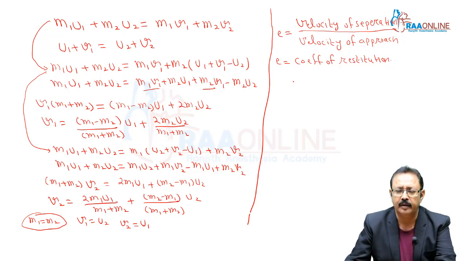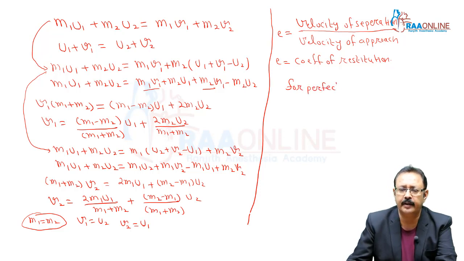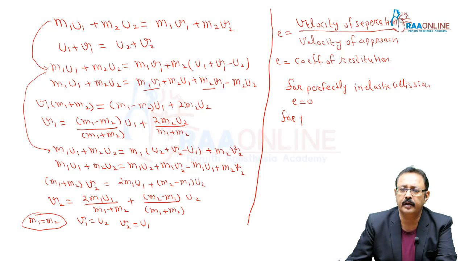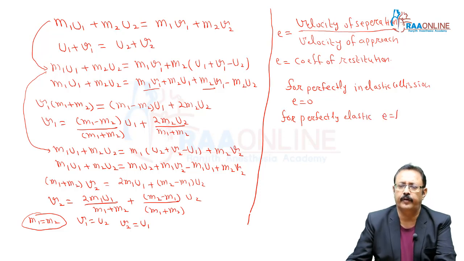So remember, for perfectly inelastic collision, E will become 0, and for perfectly elastic, E will become 1.